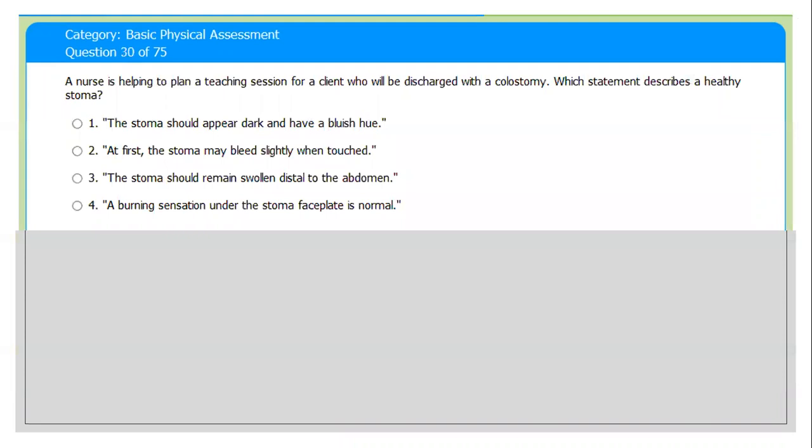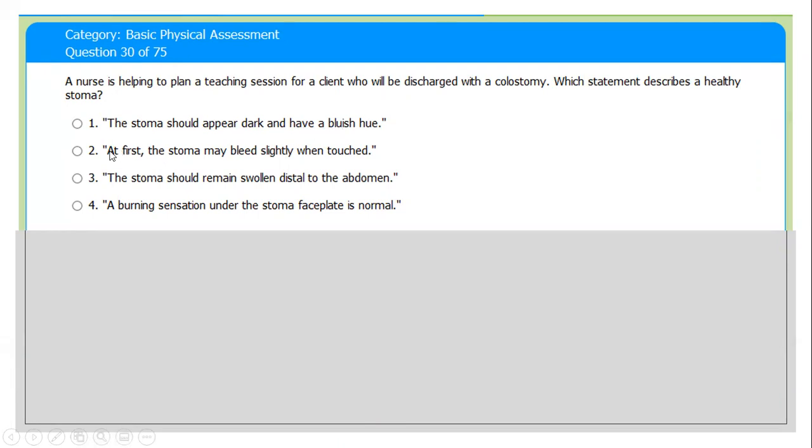Next question. A nurse is helping to plan a teaching session for a client who will be discharged with a colostomy. Which statement describes a healthy stoma? Number one, the stoma should appear dark and have a glow.